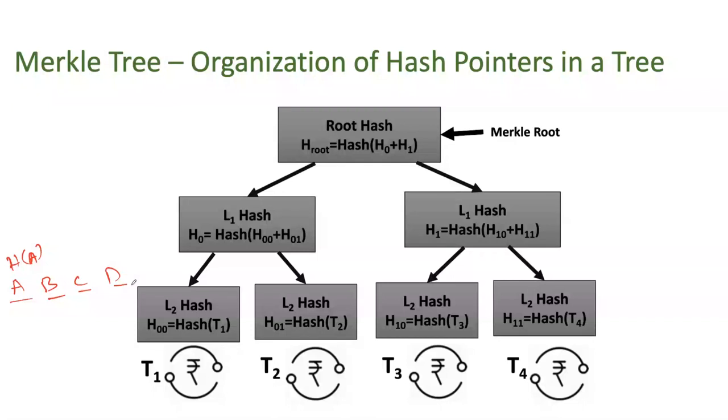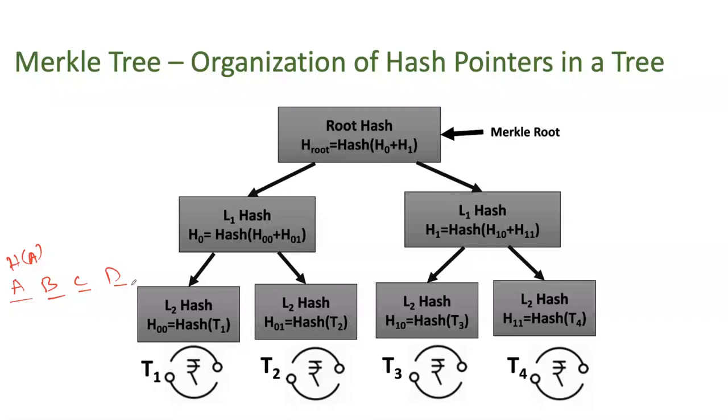So these hash pointers are organized based on the Merkle tree concept. What does the Merkle tree concept mean? It is a binary tree, which means every node has exactly two child nodes.